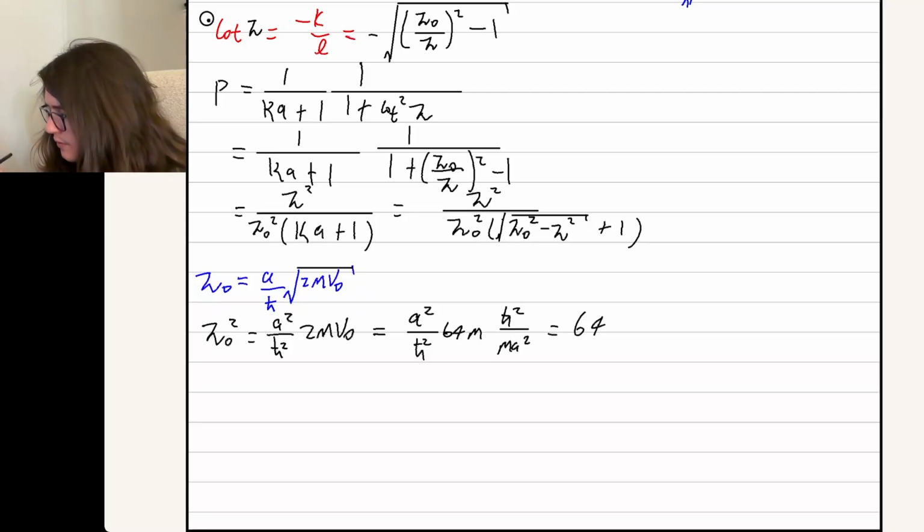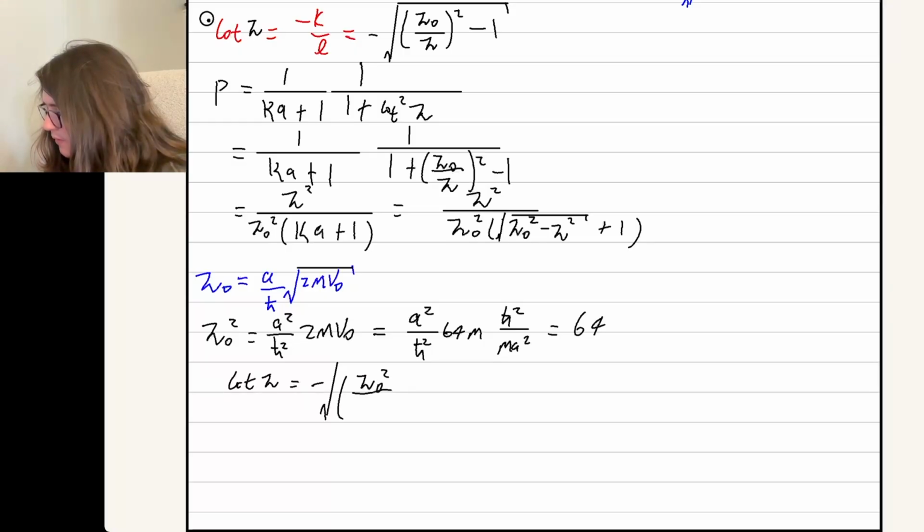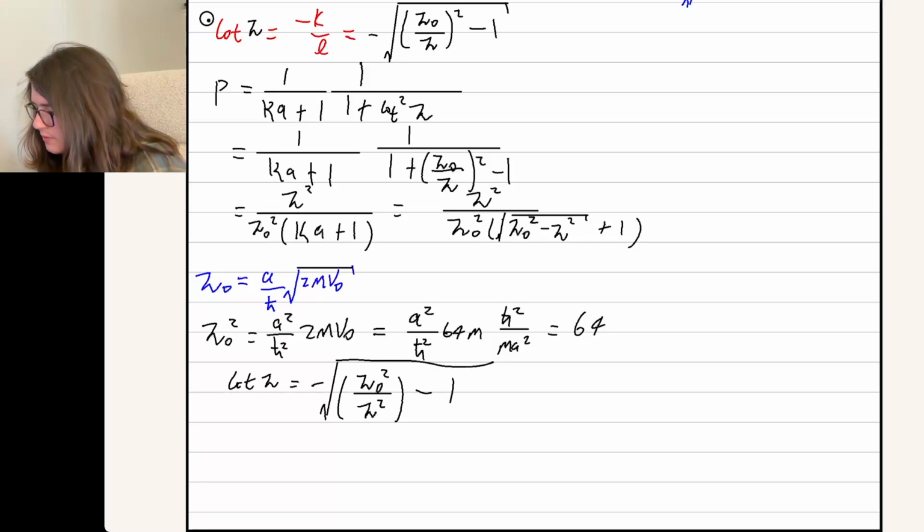The equation in mind was that cotangent of z equals minus the square root of z naught squared over z squared minus 1. Remember, that's the boundary condition.